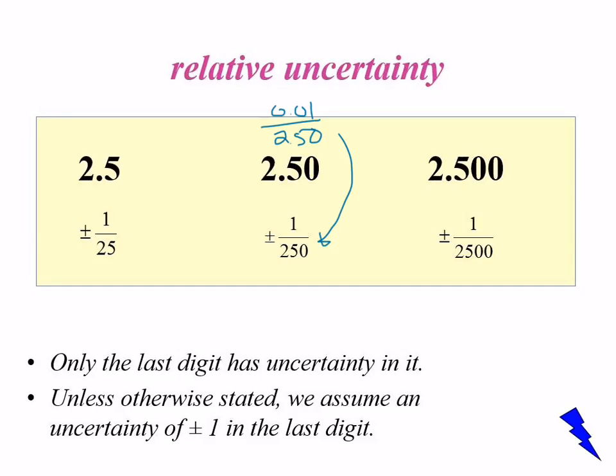And last but not least, if we take 0.001 and divide that by 2.500, move the decimal place over 3 places, we get 1 in 2,500 parts.